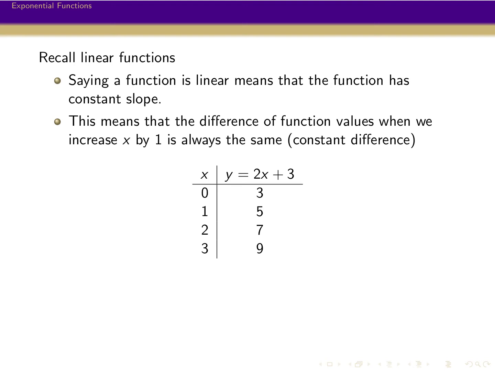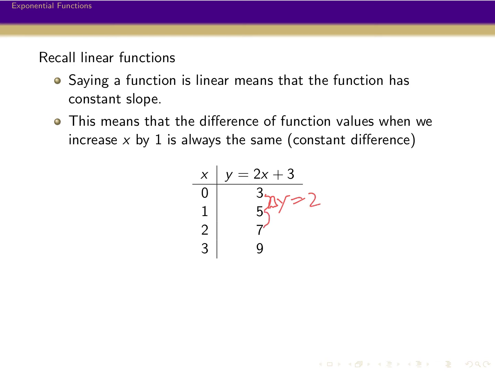Here is a table of values for a linear function. As you go from (0, 3) to (1, 5), what's the difference in the y values? Delta y is equal to 2.